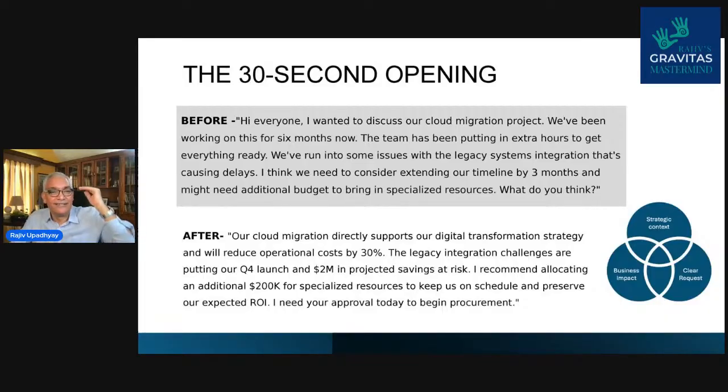It is directly connected to the strategic objectives, it addresses the business impact, the benefit if we do and the risk if we don't, and a very clear ask in terms of what is required. So this is a much clearer executive communication compared to the first one.